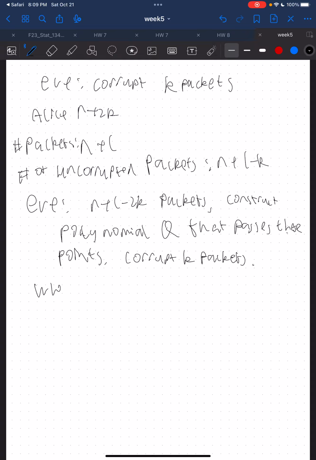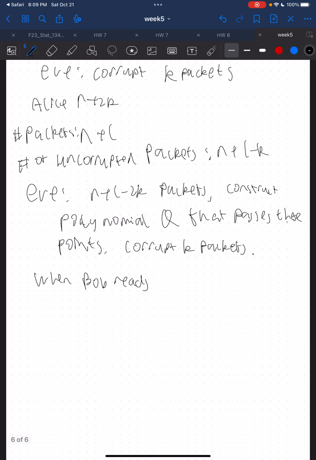So when Bob reads, he will get n plus L minus 2k correct packets, and k incorrect packets to form Q. Because Eve will determine Q based on the n plus L minus 2k packets and the k corrupt packets. So then she could put in whatever message she likes by sending these k packets. So when is this not possible?